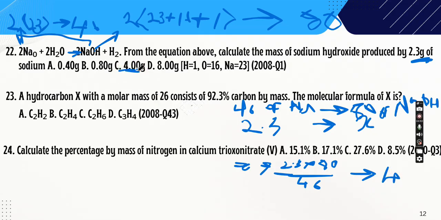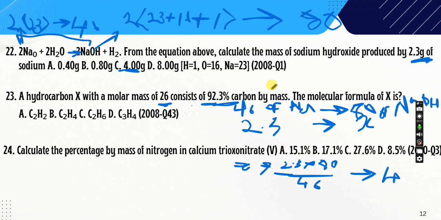So they are telling us that a hydrocarbon X with a molar mass of 26 consists of 92.3% carbon by mass. The molecular formula of X is dash.